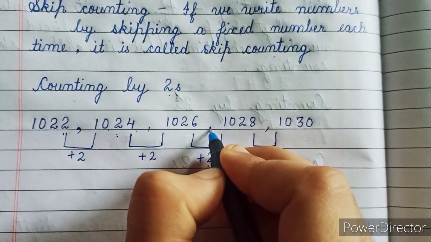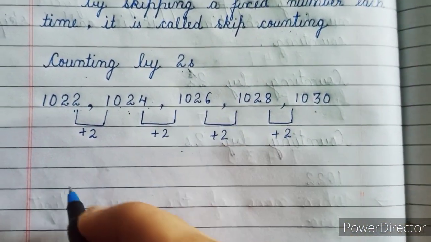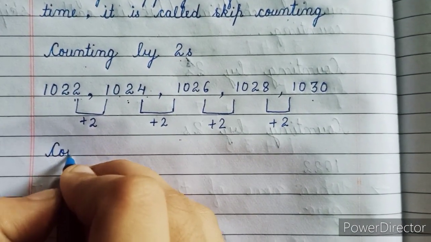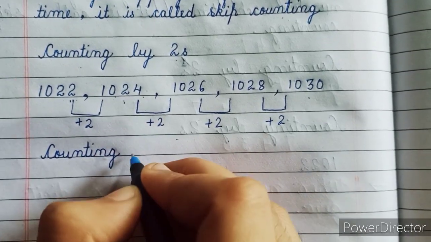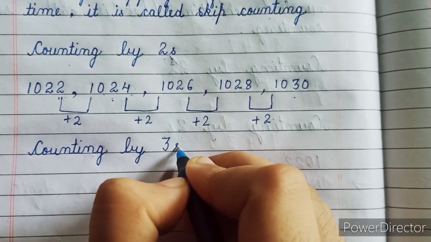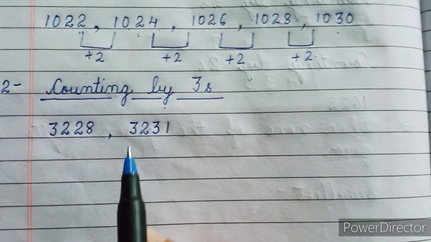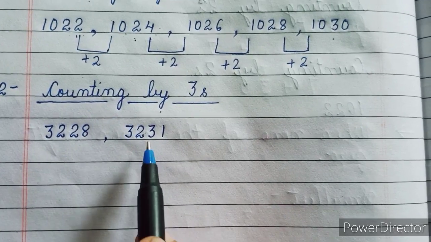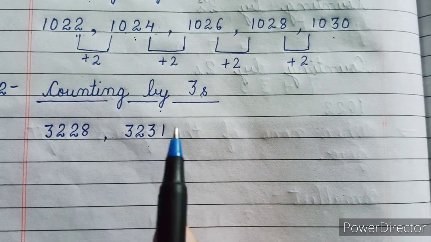Now understand skip counting by threes. Now we have to make a gap of three between consecutive numbers.